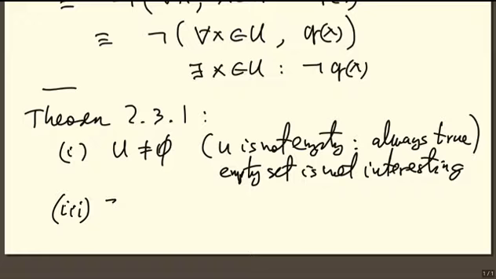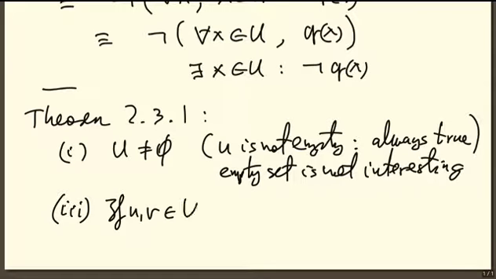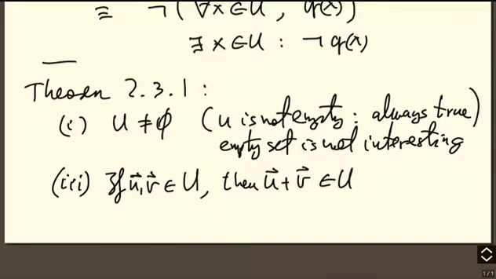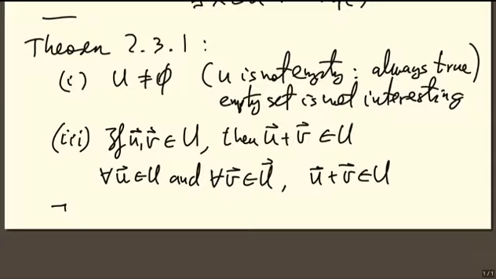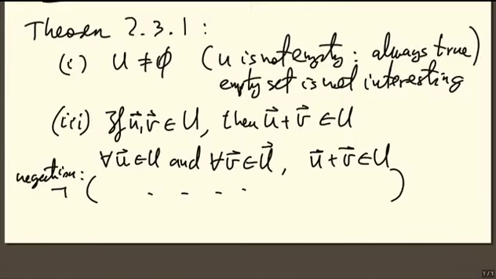Condition 2 was that if u, v are vectors in U, then u plus v is in U. Another way to write this with quantifiers is that for all u in U, for all v in U, we have u plus v in U. Then if we want to negate this, to show that this is not true, we want to show that the negation is true.